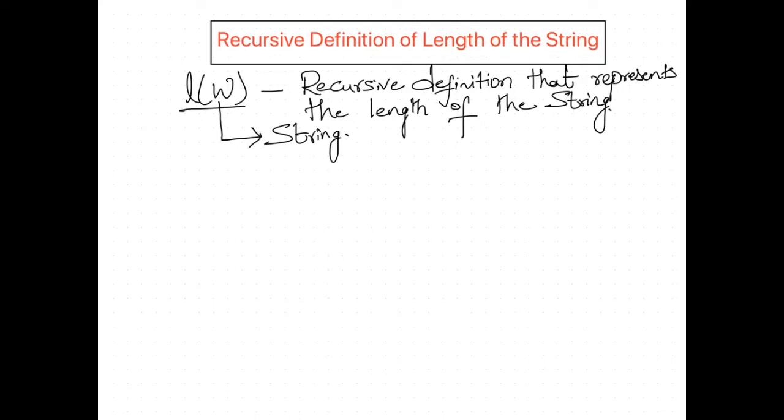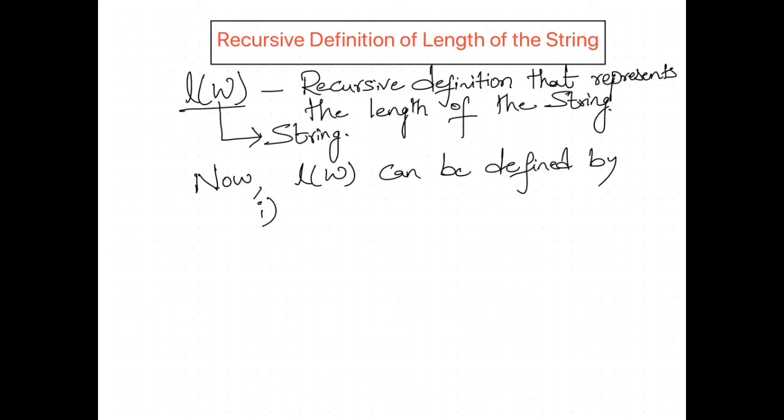Okay, now this L of W can be defined as follows. L of lambda is equal to 0. What does it mean? Here lambda is the empty string.